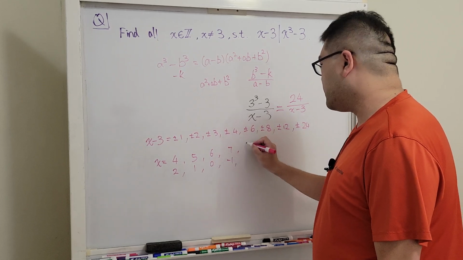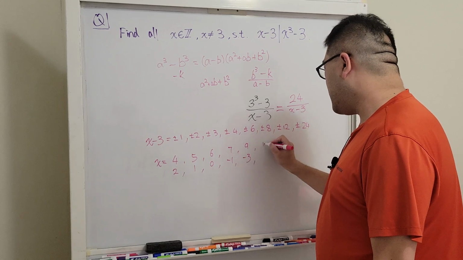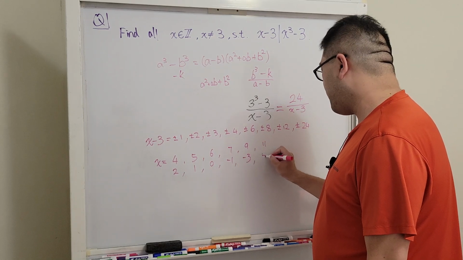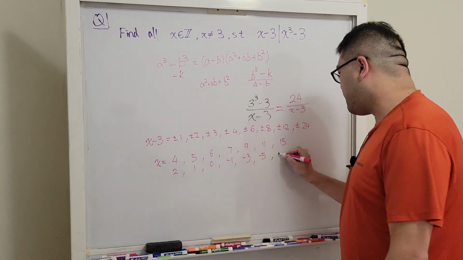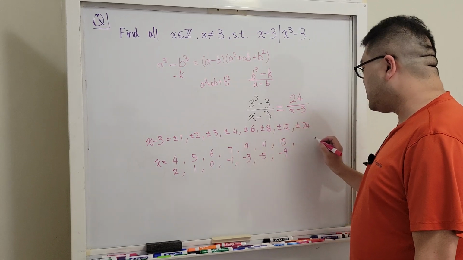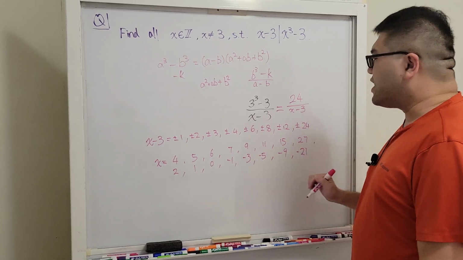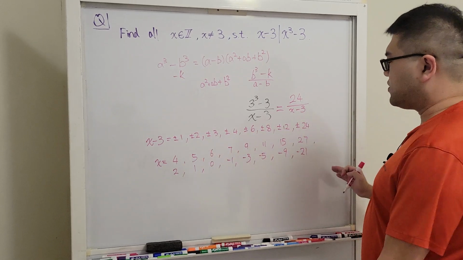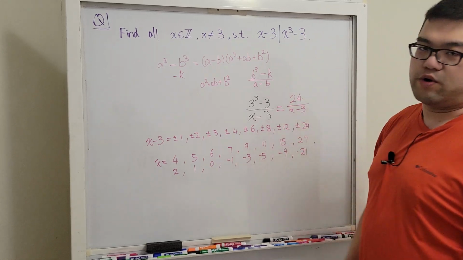And then here we get 9 and negative 3, 11 and negative 5, 15 and negative 9. And finally, we get 27 and negative 21. And these are the possible answers, and these are all the integers that satisfy our condition here.